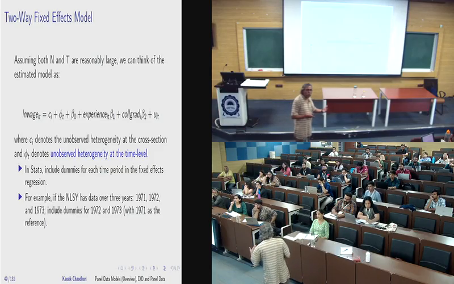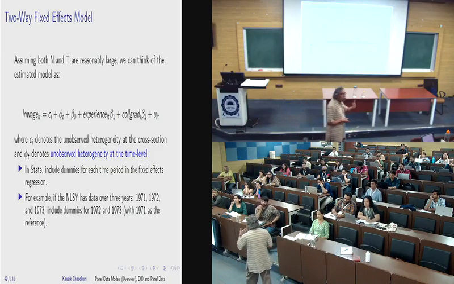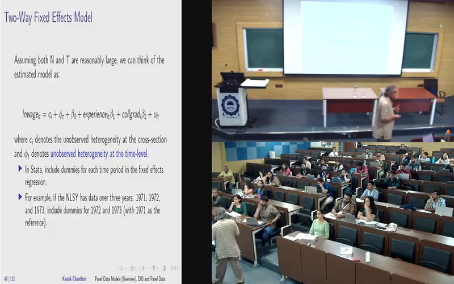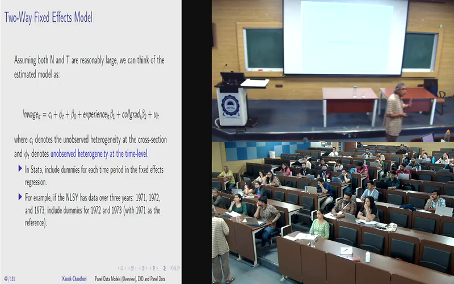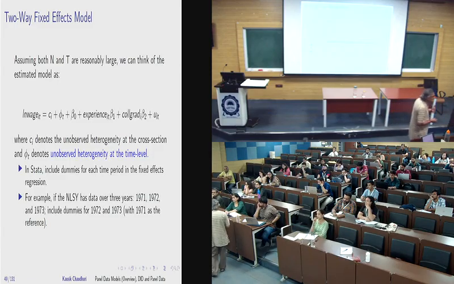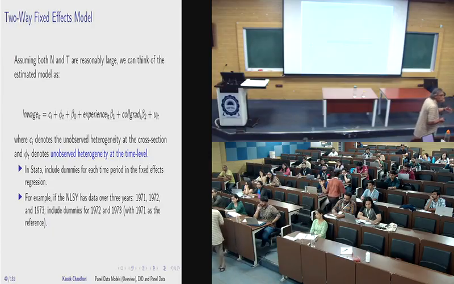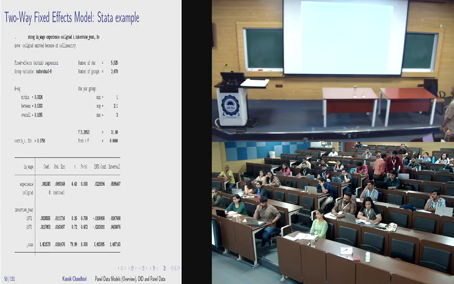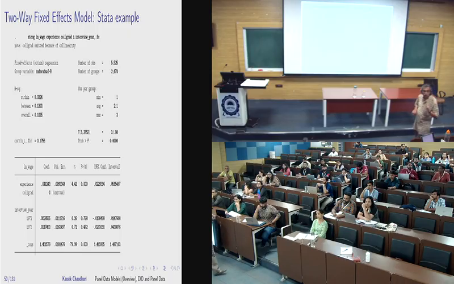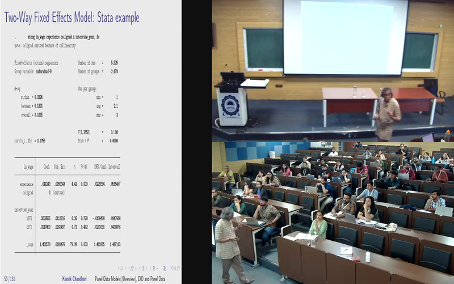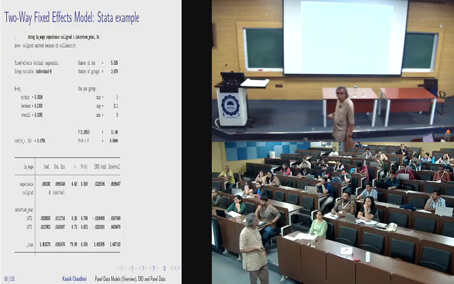So I want to augment my fixed effect regression by including T minus 1 time period dummies, where T is the number of years of observation that you have in your panel. All I did is the same regression, but now running with i.interview year, because interview year was the time dimension in the NLSY dataset.